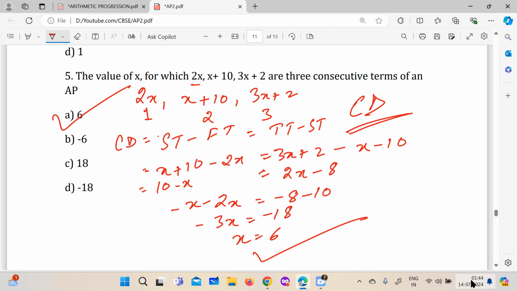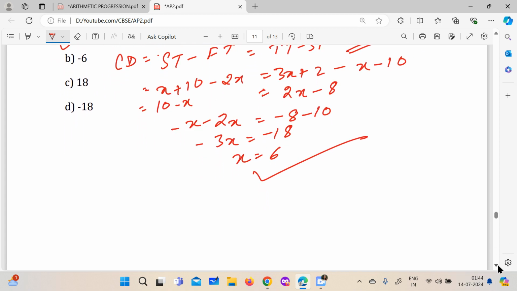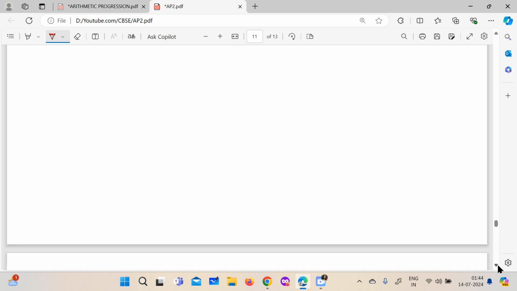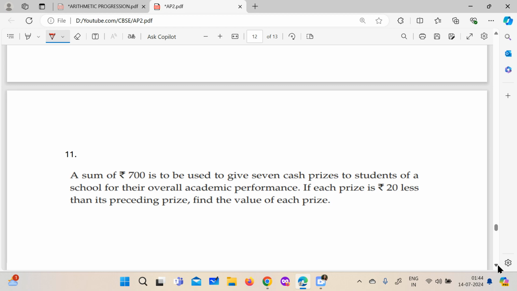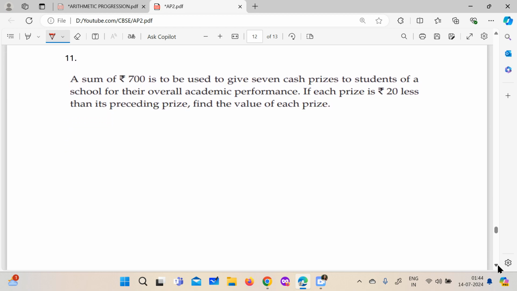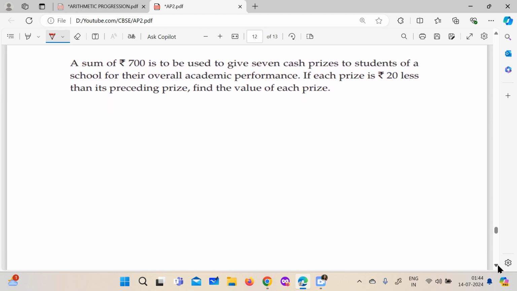Now let's go to the next question. I guess this should be the last one. Yes. Now this question is: a sum of rupees 700 is to be used to give 7 cash prizes to students of a school for their overall academic performance.